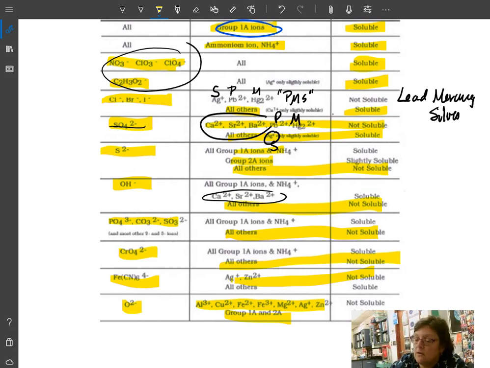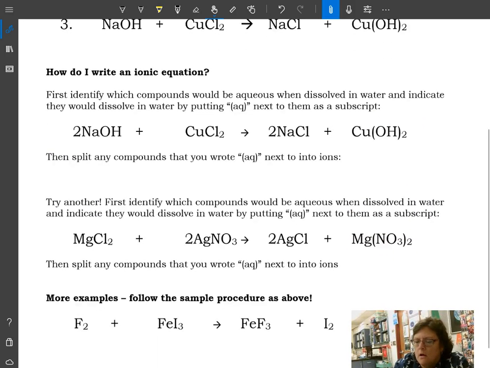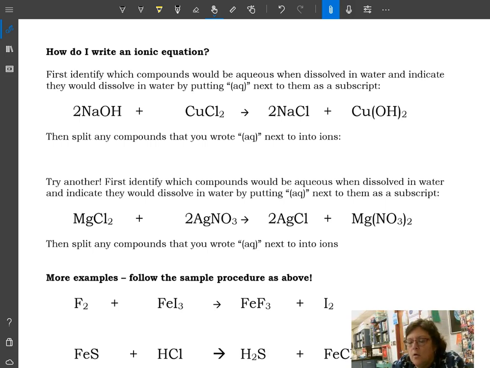Well, why do we care? If we look at this page again, when we write an ionic equation, remember this is the double replacement reaction, you're going to take the cations and they're going to switch places. So sodium was bonded with hydroxide, and now sodium is bonded with the chloride and copper is bonded with the hydroxide.